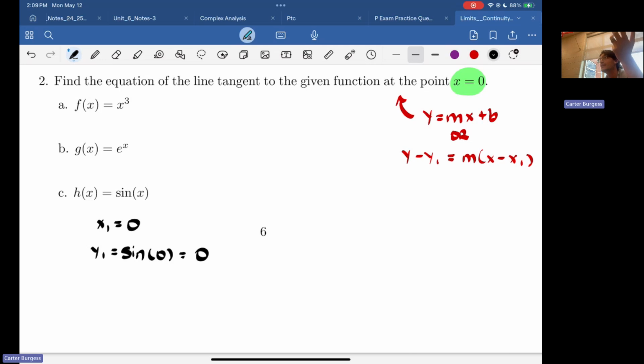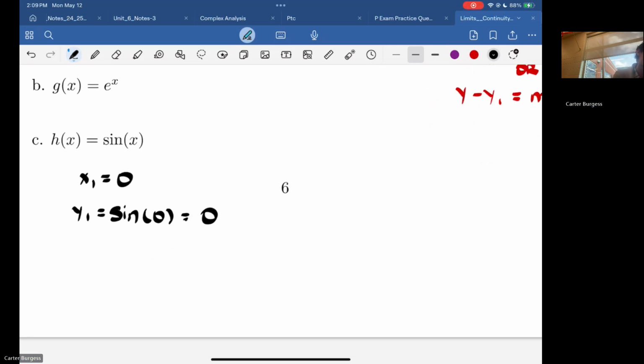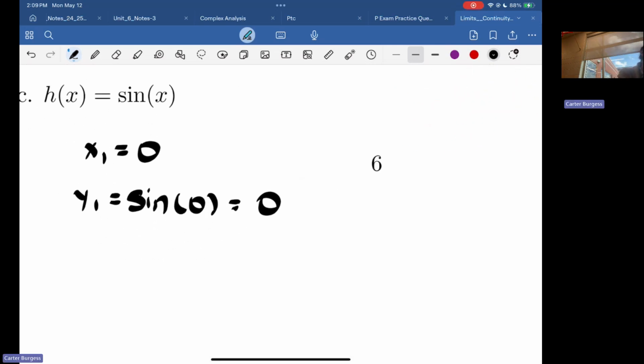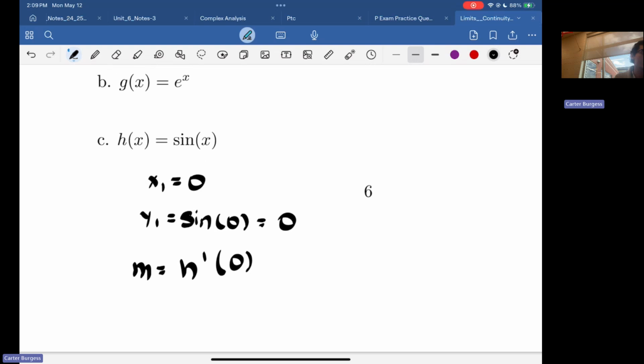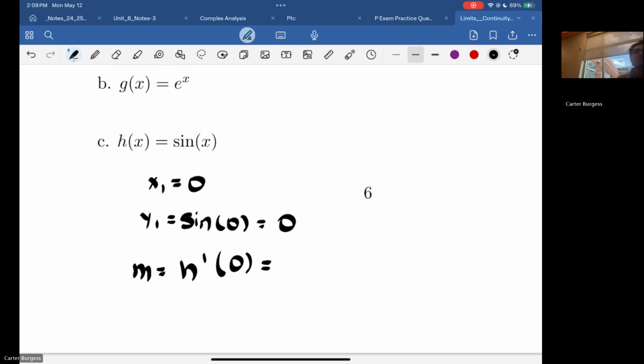So then the only other thing that we need is the slope of our line. And that is where the derivative comes in. In this case, the slope of our line, m, is the same as h prime of that particular x value, in this case, 0. What did we find the derivative of h to be? Cosine of x.